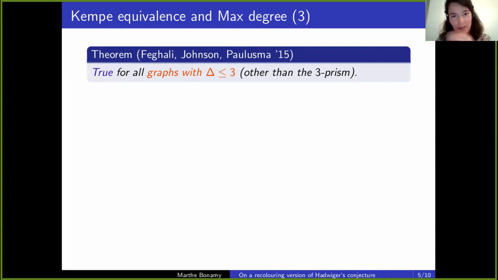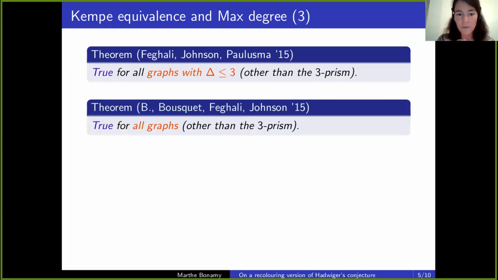So then the question was, okay, how does this behave when you go to higher max degree? Do you still have one counterexample for each value of max degree, or does the number explode as delta goes up? And the big surprise, I'm not sure it was a big surprise to everyone, but it was a big surprise to me, is that there is no other counterexample.